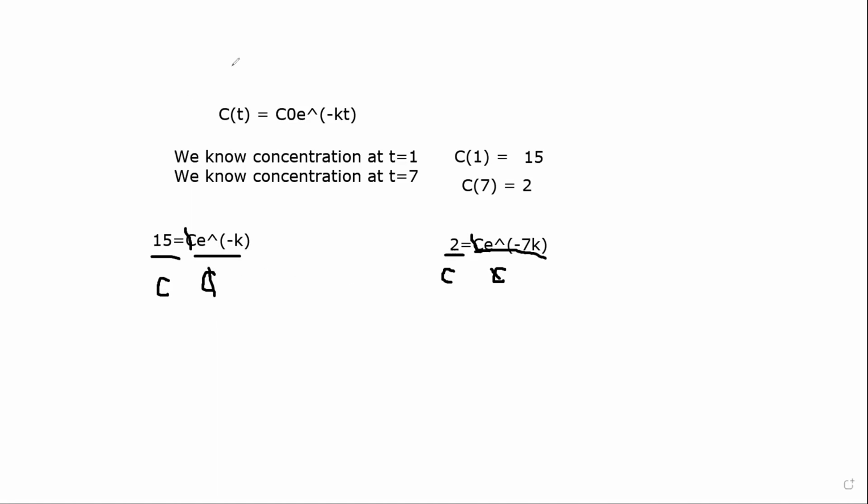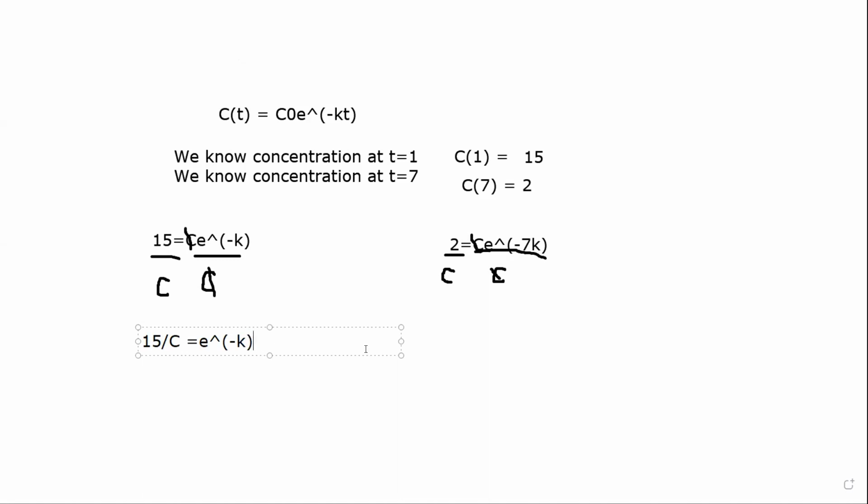So what I'm gonna end up with is 15 over C is equal to e to the power of negative k, right?